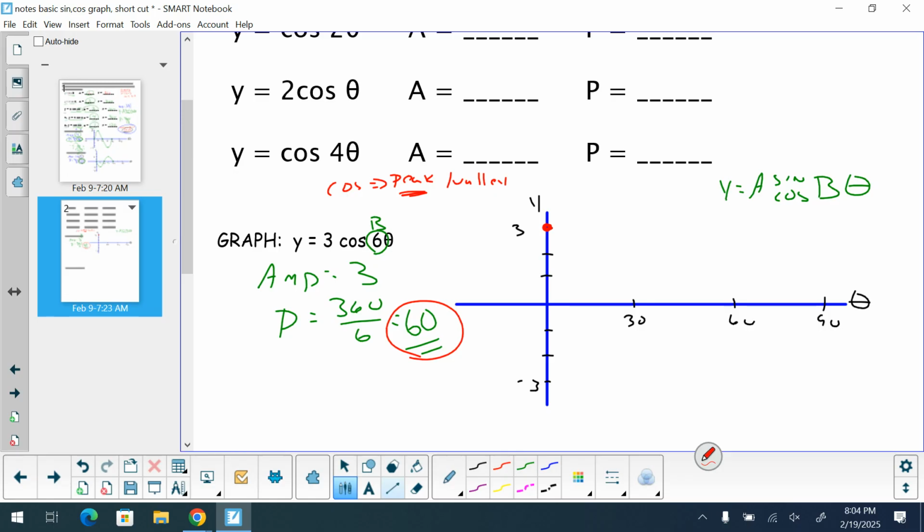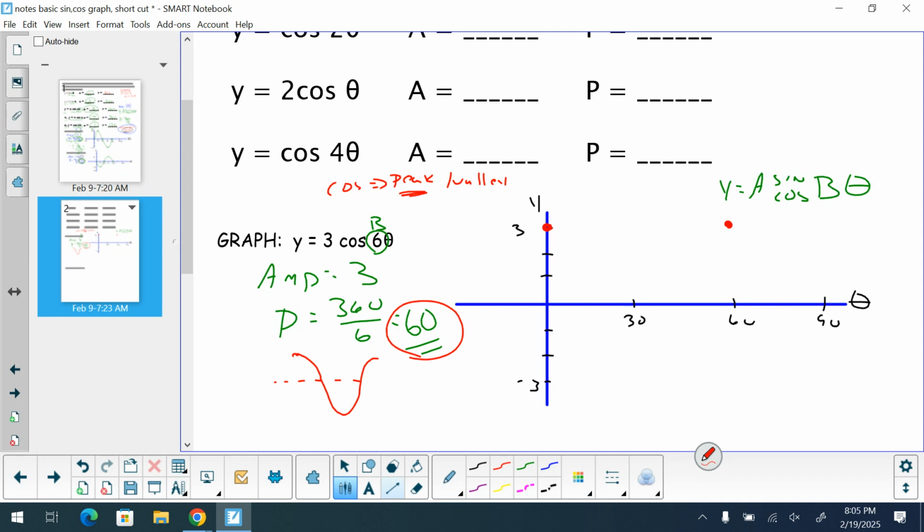Period of 60 degrees, which means every 60 degrees we'll be at the exact same spot. So if we go out to 60, we'll be back up at 3. We play our games of halves: halfway between 0 and 60, we'll be at 30. What a cosine curve will look like is we start at the hill, we scream underneath, then back on top of the hill again.